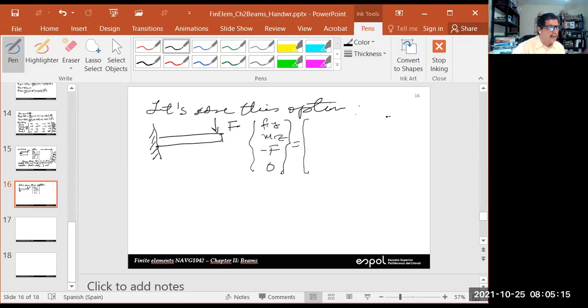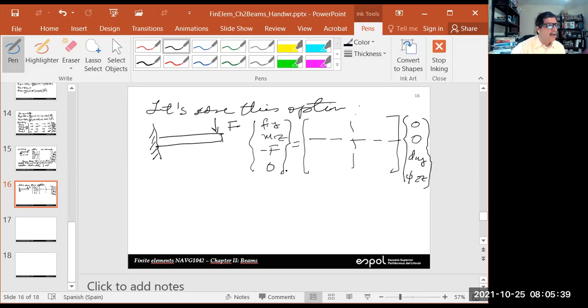I have the matrix equation here, and here I have 0 and 0. So these are unknown. And here I have D2y and phi 2z. There. So we separate, remember?